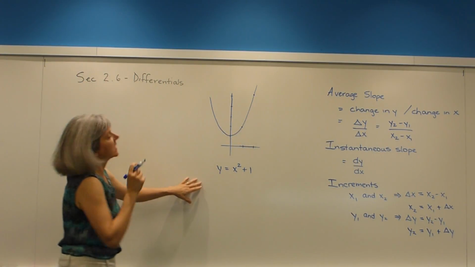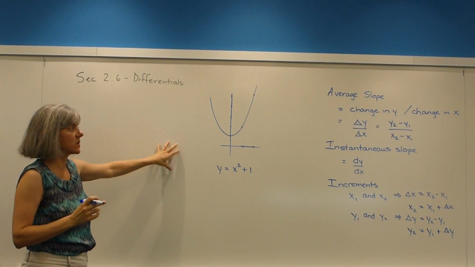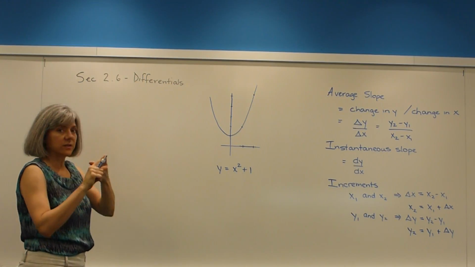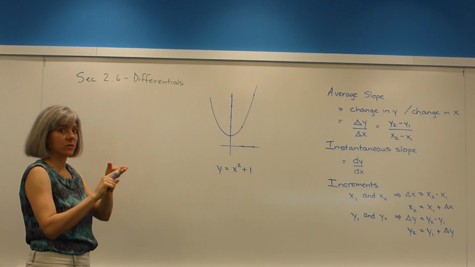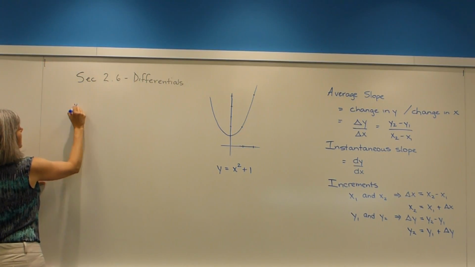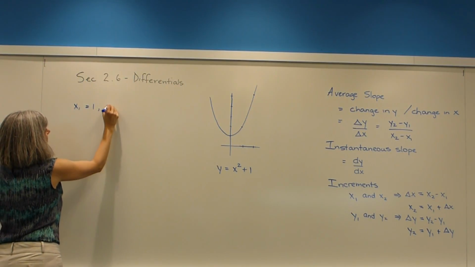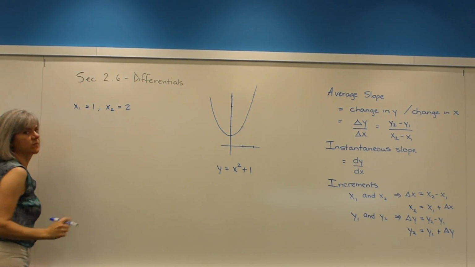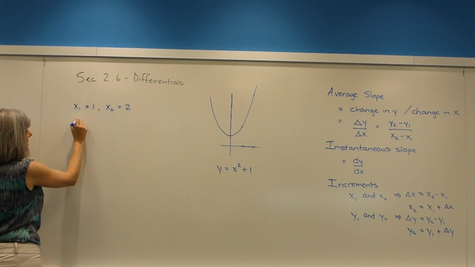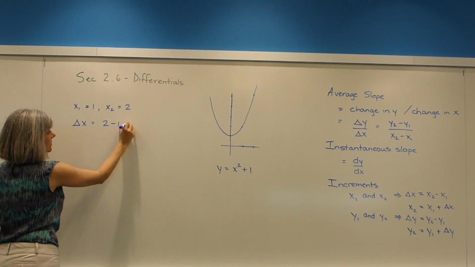Okay, so now we're ready to tackle this problem. What I'd like to find first is, I'm going to give you some x1 and x2 values, and I'd like to find delta x, delta y, and the average slope. Okay, so let's start with x1 equals 1 and x2 equals 2. The first thing we're going to find is delta x. That's just the difference, 2 minus 1.